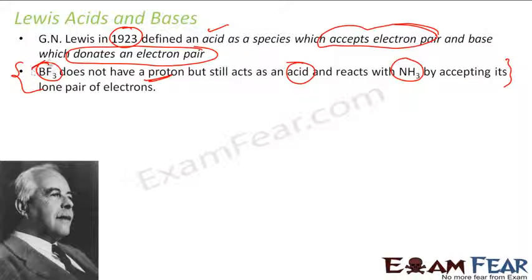Only the litmus paper was proving it is an acid, but the early definitions were not able to prove it. So this is BF3 and this is NH3, it takes the lone pair and becomes this. So it accepts the electron pair.